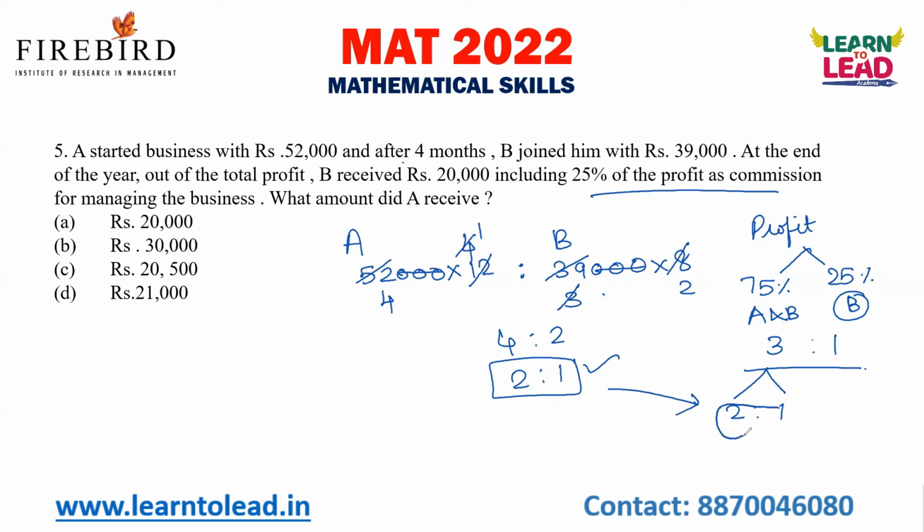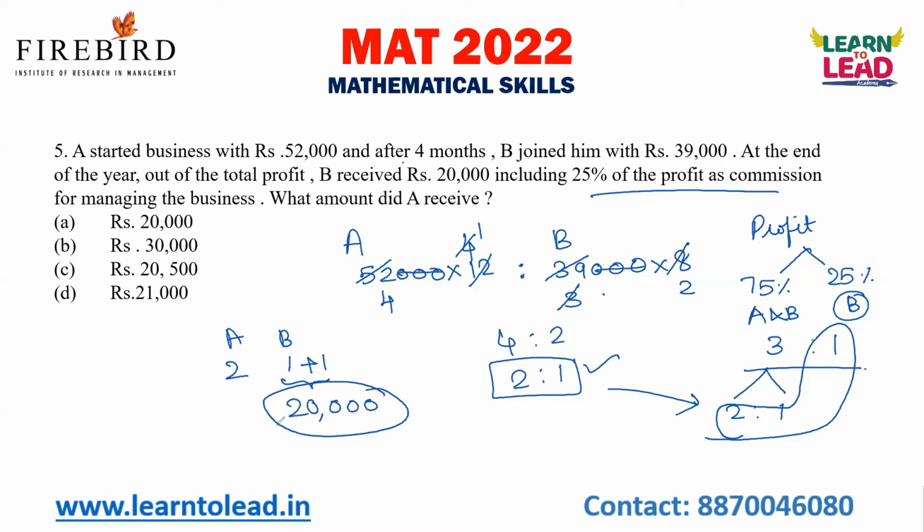So just think of 2 plus 1 part, totally 4 parts. So 2 parts for A, and for B, 1 part for investment and 1 part for running the business. So totally 20,000 makes 2 parts, and the same 20,000 will be for A. Okay, so option is A.